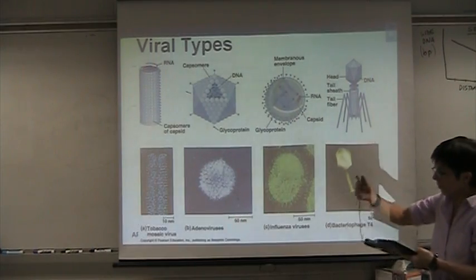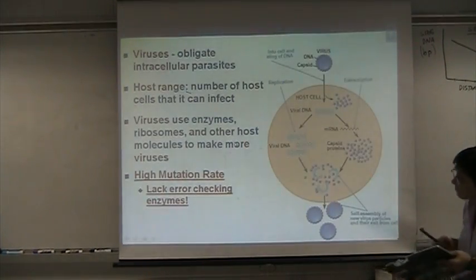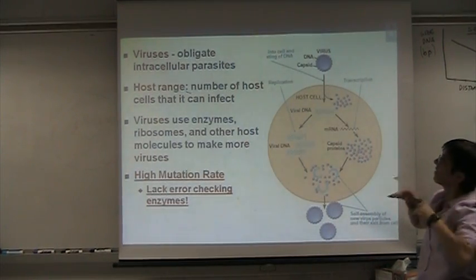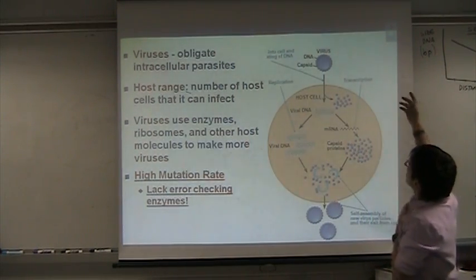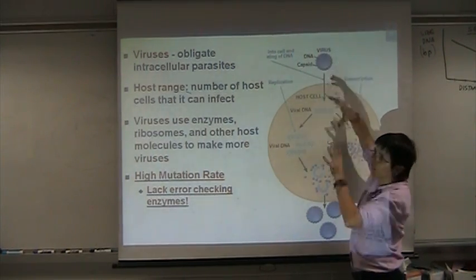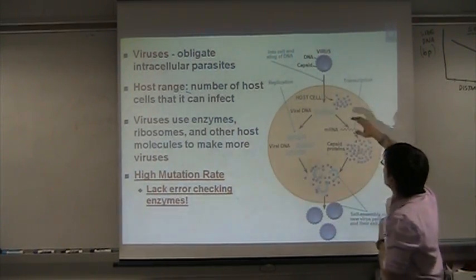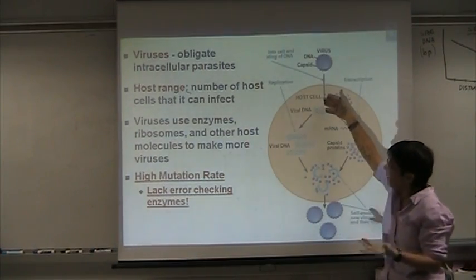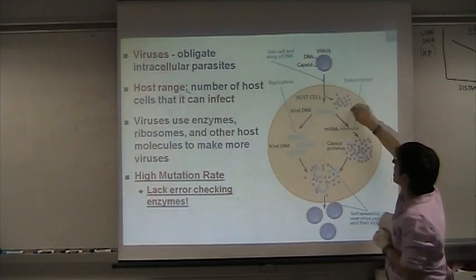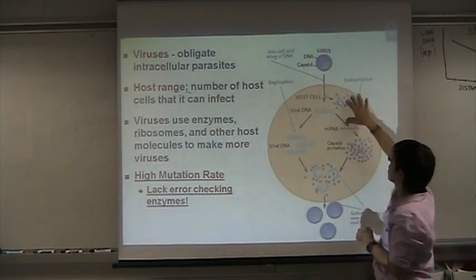So just to give you some idea of those types, here is a very general principle, a general cycle. You have a virus, in this case a DNA virus with the capsid, this protein surrounding it. The virus is going to penetrate a cell. As soon as it goes in, the capsid is broken apart.